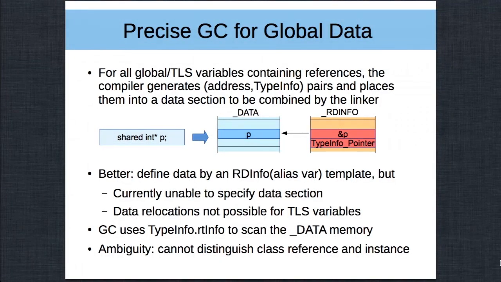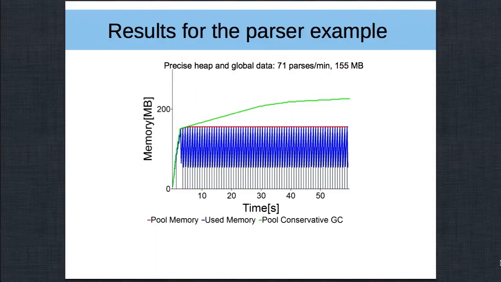Still, there's a slight problem with the type info of class references, because if you actually emplace an object of type class into the data segment, you cannot distinguish it from a reference because we have no way to describe that as a type from the type info side.